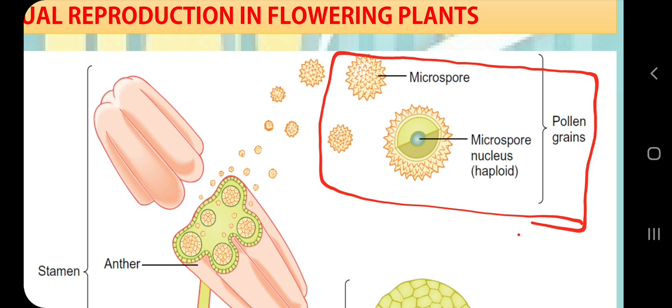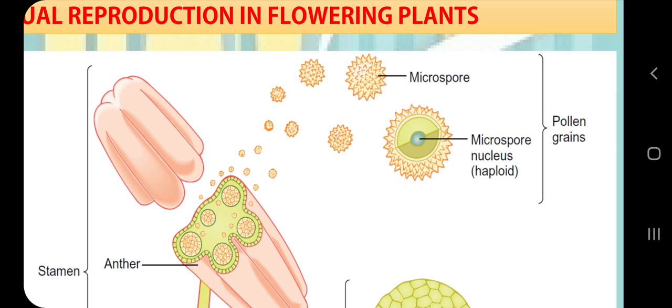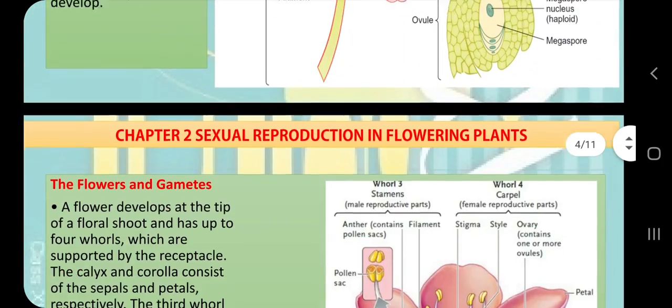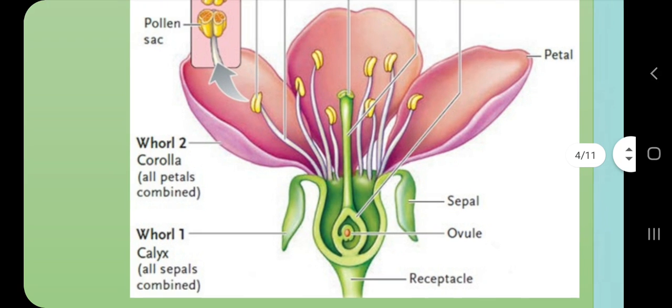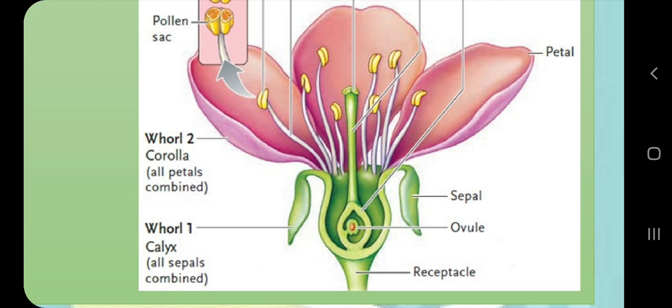Now let's talk about megaspores. What are megaspores? As I have discussed earlier, this is the female reproductive part, which is called carpel, and the complete collection of carpels is called gynoecium in any flower. If there is only one carpel, it is also called gynoecium. So you may have heard the term gynoecium before.